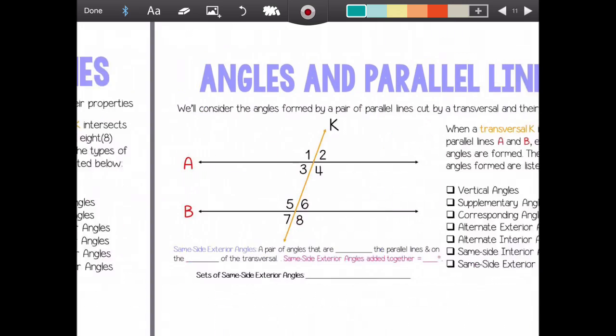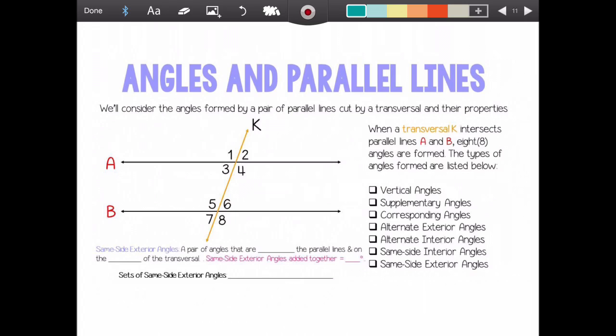All right, and it leads us to our last term, which is same side exterior angles. And just like it sounds before when we were talking about alternate exterior angles, exterior, they are going to be outside, okay, outside the parallel lines and on the same side.